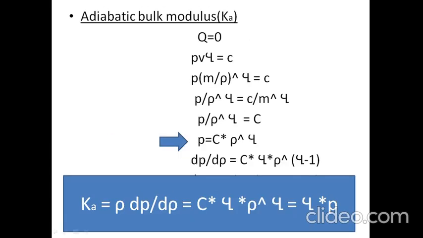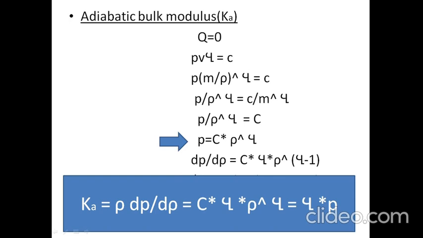Adiabatic bulk modulus Ka. Adiabatic means heat transfer is 0, so Q is equal to 0. Now take the adiabatic equation: P V to the power gamma is equal to constant. Volume can be written as mass upon density. So P m upon rho to the power gamma is equal to constant. So P upon rho to the power gamma is equal to C upon m to the power gamma.